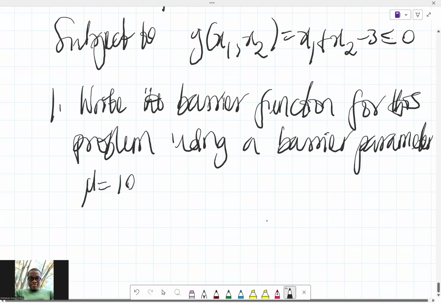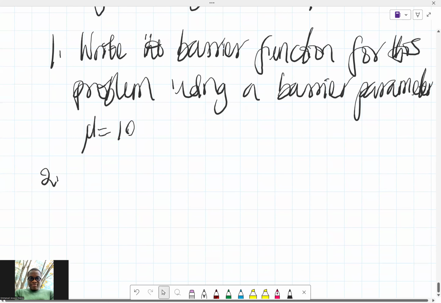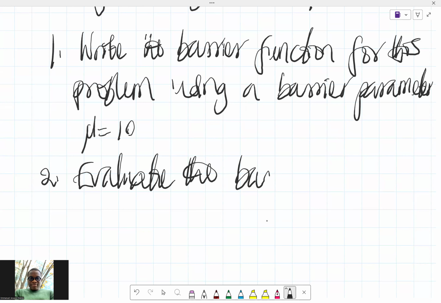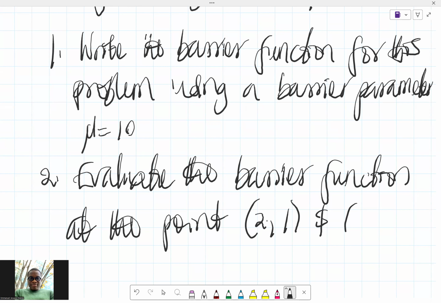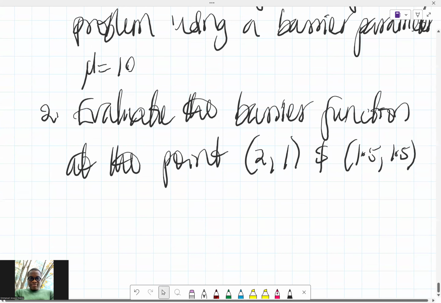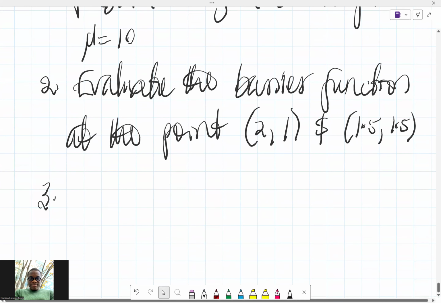Number two, the second task for the same problem: evaluate the barrier function at the points (2, 1) and (1.5, 1.5). Don't forget to use the Python code too freely. You can get it on Facebook, like I said.